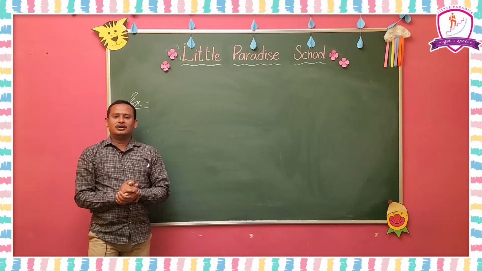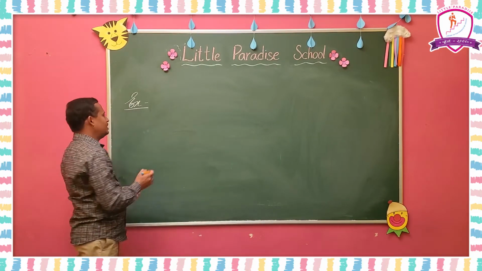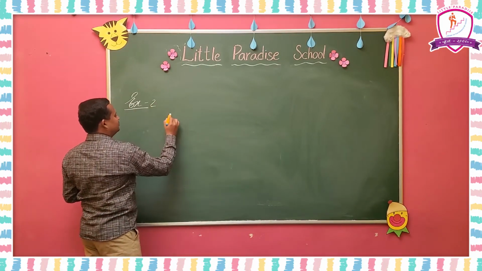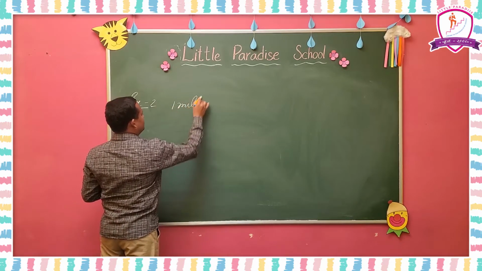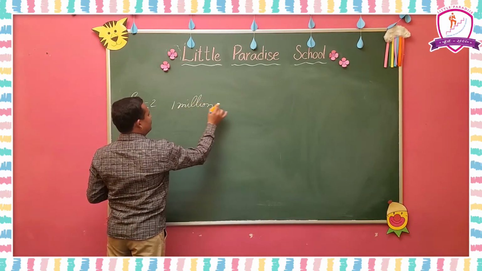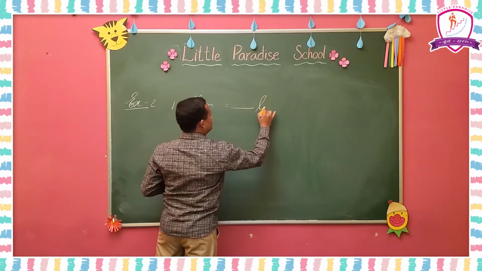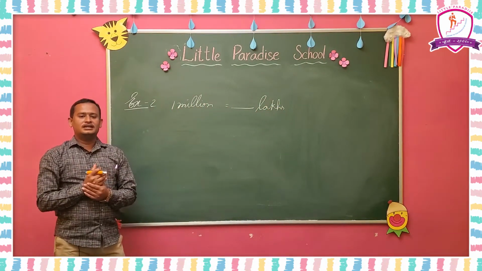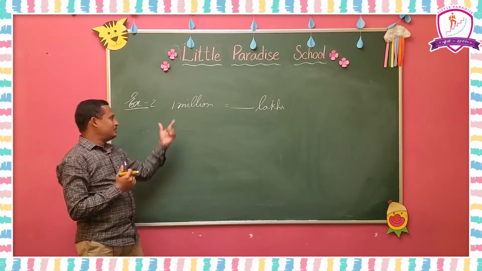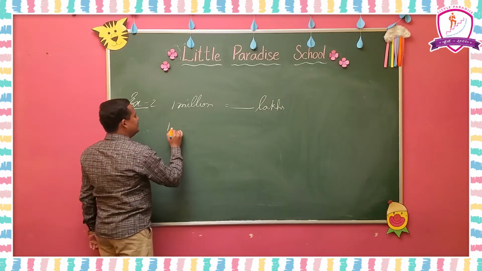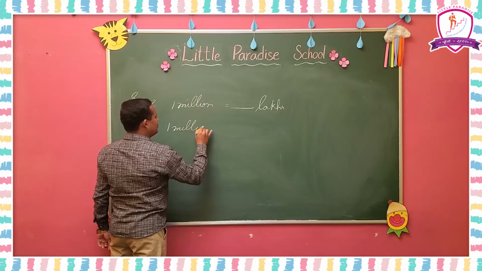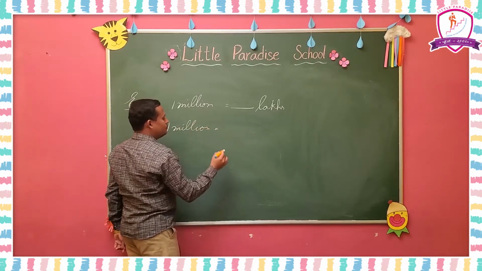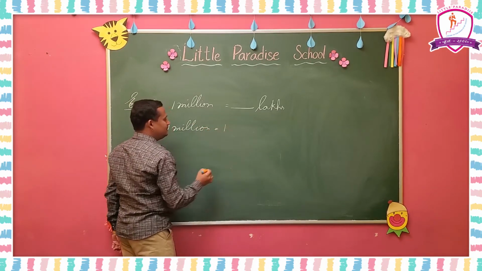So 1 million is equal to how many lakhs? 1 million is equal to how many lakhs means first we have to write 1 million here. 1 million is equal to 1 in the millions place.